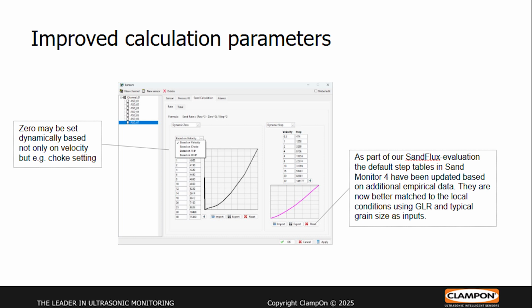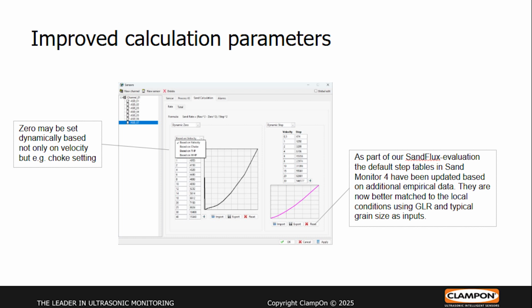But in some cases, it's better to describe the zero as more of a function of the choke or back pressure than the flow velocity, and that's one of the things that we've added now. You can base the zero selection on, for example, the tubing head pressure.